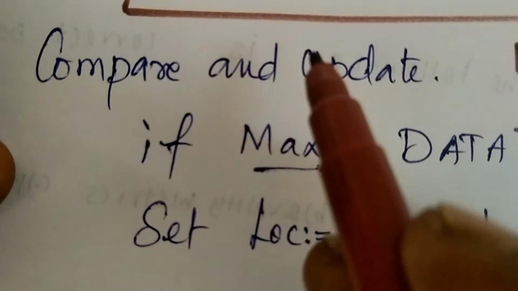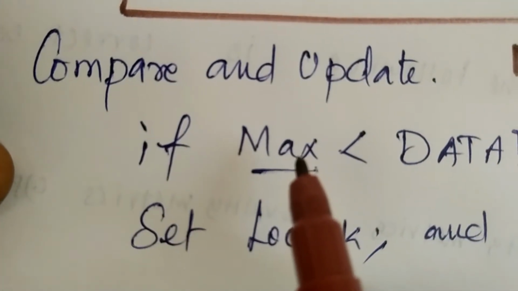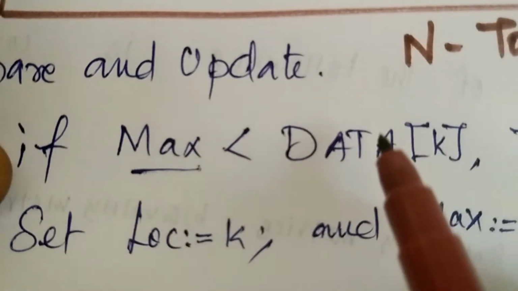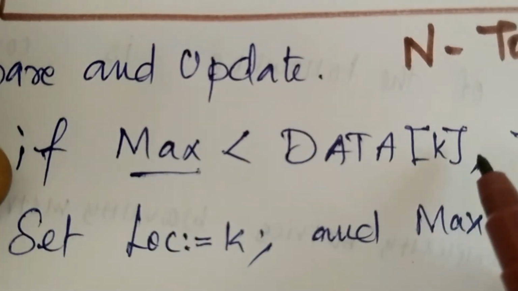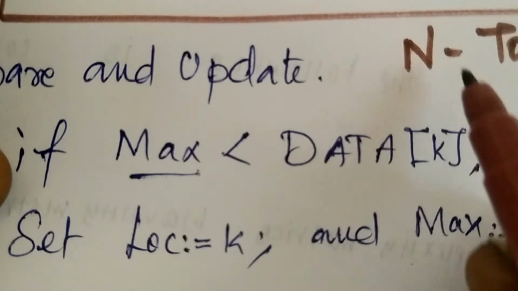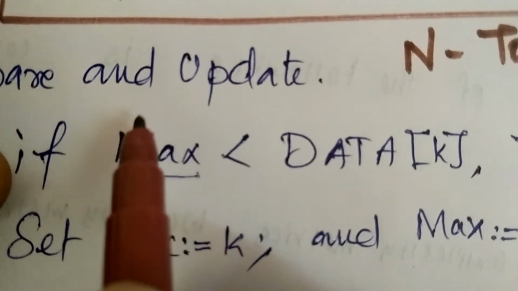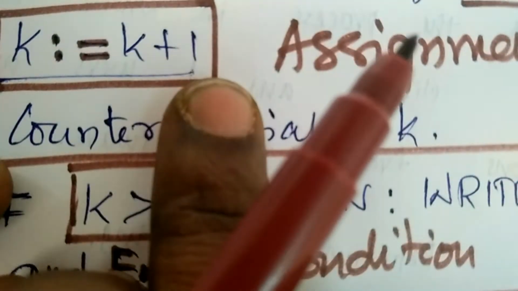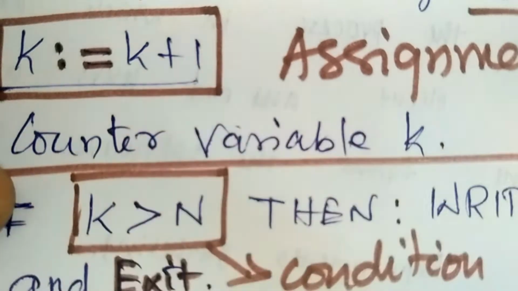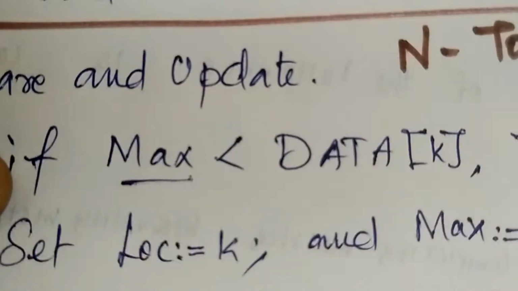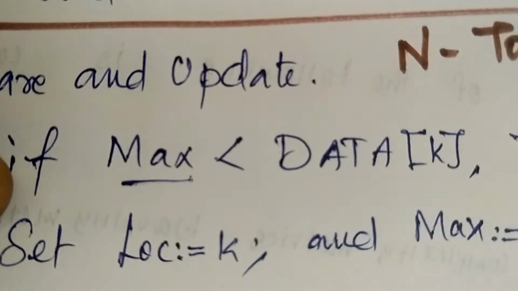We have to compare the maximum value with the current value. Suppose in this example k is equal to 1 as the maximum value. After incrementing, k is equal to k plus 1, the value will be changed to k of 2. So in this particular position they are comparing.